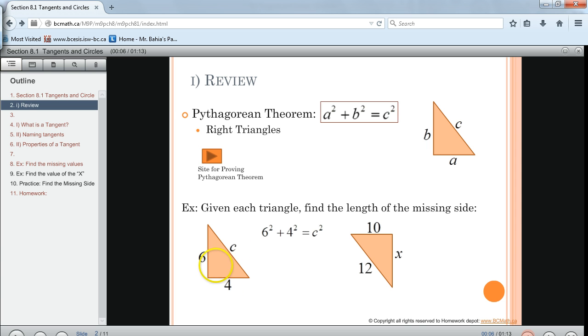The boxy thing always points to the C. And you square both sides. Remember, this is not 12. Please don't do this anymore. It's 6 times 6, and that's 4 times 4. And you add those two up, you get 52 equals c squared. We want to get c by itself. We have to square root both sides, and you're left with that missing side being 7.2.